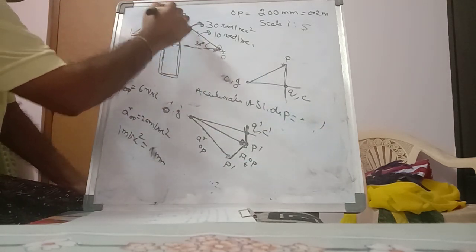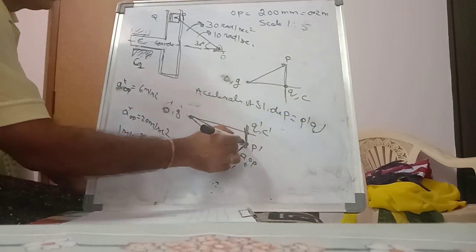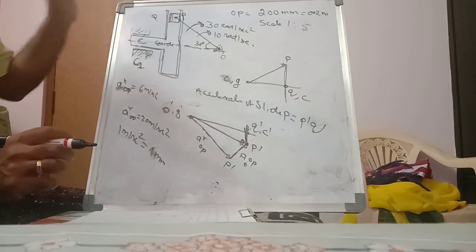PQ is a single slider. The acceleration of the slider P is nothing but P dash Q dash. Measure the length of P dash Q dash and convert it into acceleration. You will get the acceleration of P.